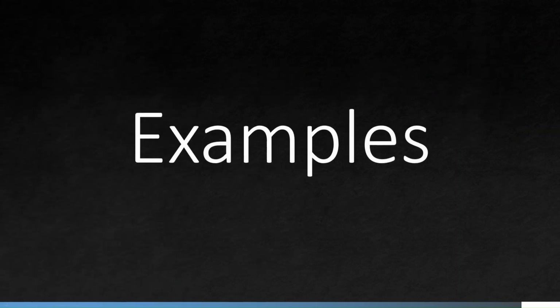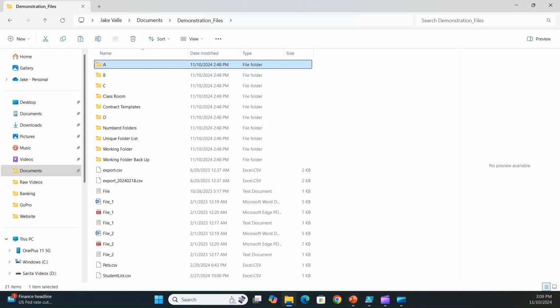So now let's go ahead and jump into some examples, and so we can go ahead and give that real life feel to it. So let's start by looking at the folders we're going to be looking into. So we have folder A, B, C, and D. We can ignore some of these others now. That will be covered in later examples of the course. And we are in demonstration files.